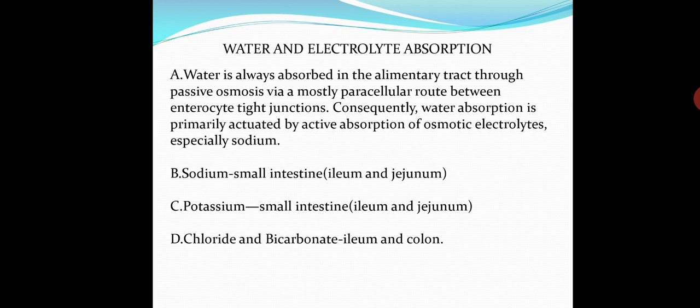Movement of potassium across the gut mucosa is mainly due to the passive diffusion down its electrochemical gradient. There is also some secretion of potassium into the intestinal lumen, especially as a component of mucus.